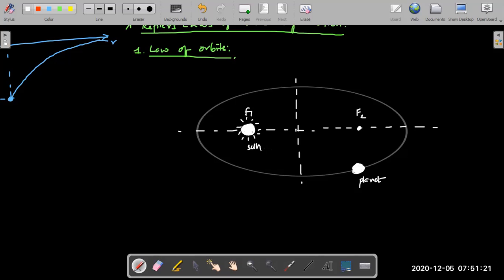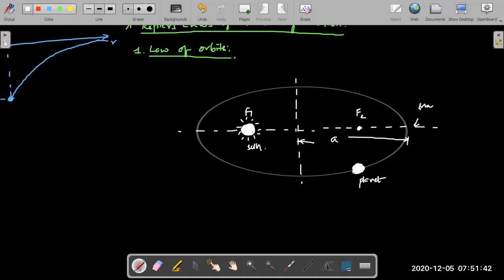Understood? He said that this will be an ellipse, and in the future you will also learn about something called eccentricity. If this distance is a, this is what is called the major axis, and the other one is called the minor axis.